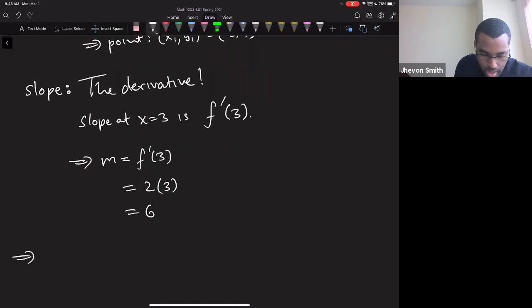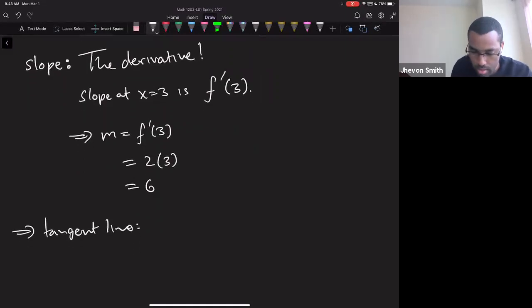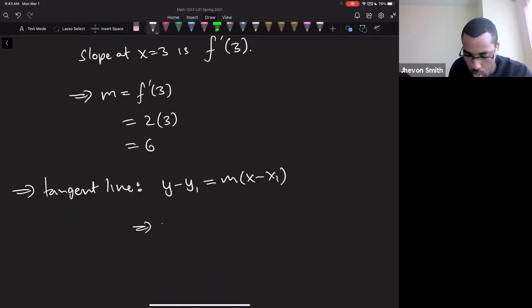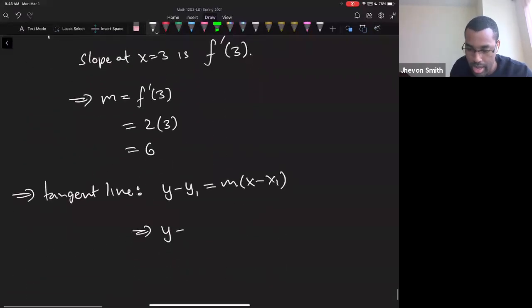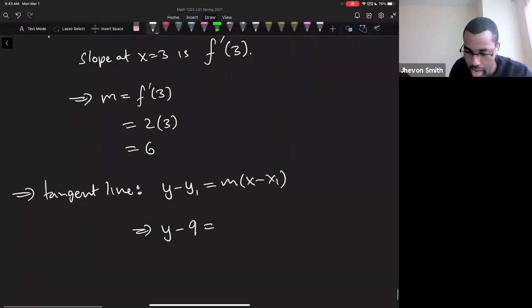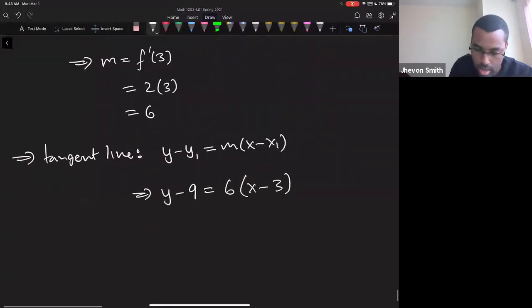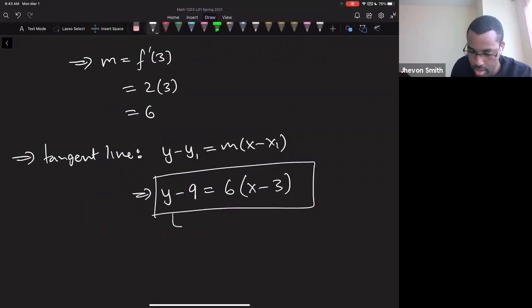So now I can get my tangent line with the point-slope form: y minus y1 equals m times (x minus x1). So y minus 9 equals m, which is 6, times (x minus 3). So that's the line. This is what's called point-slope form.